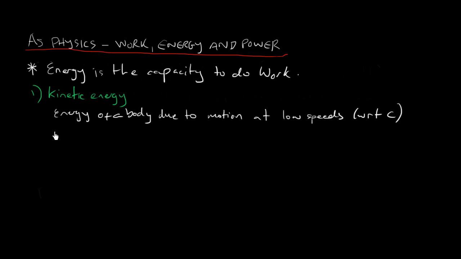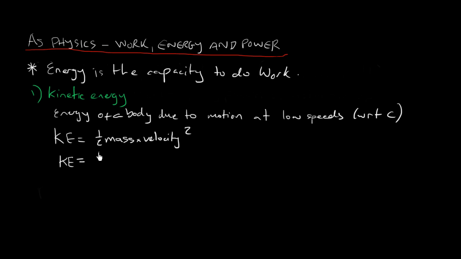And the formula for kinetic energy is 1/2 times mass times velocity squared. So remember that only the velocity is squared. The mass is just normal, and we only square the velocity, so be careful with that.